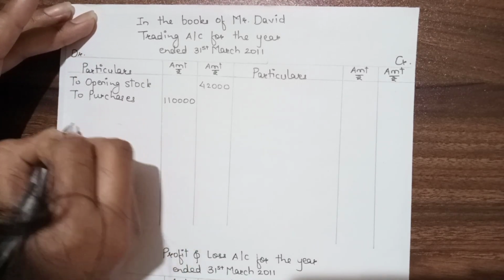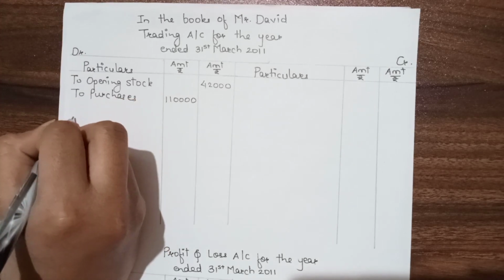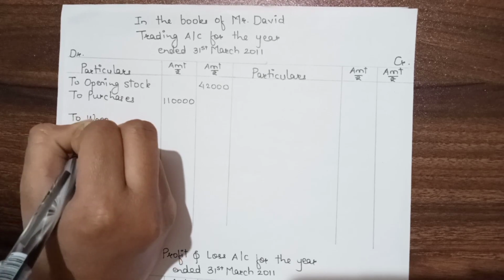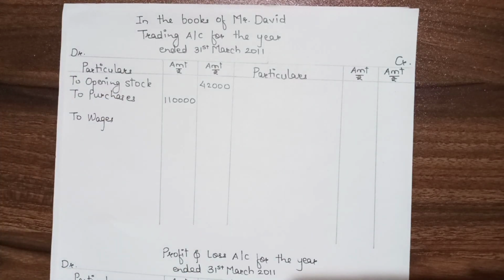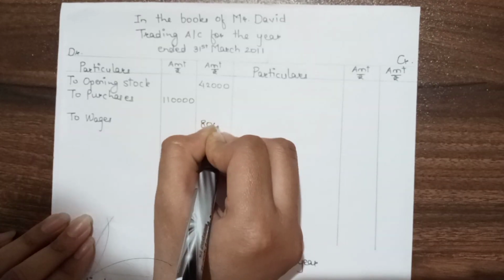Leave some space over here and write down the amount: to wages. Since we do not have any adjustment on wages, we are going to write the final amount in the outer column, 8,000.